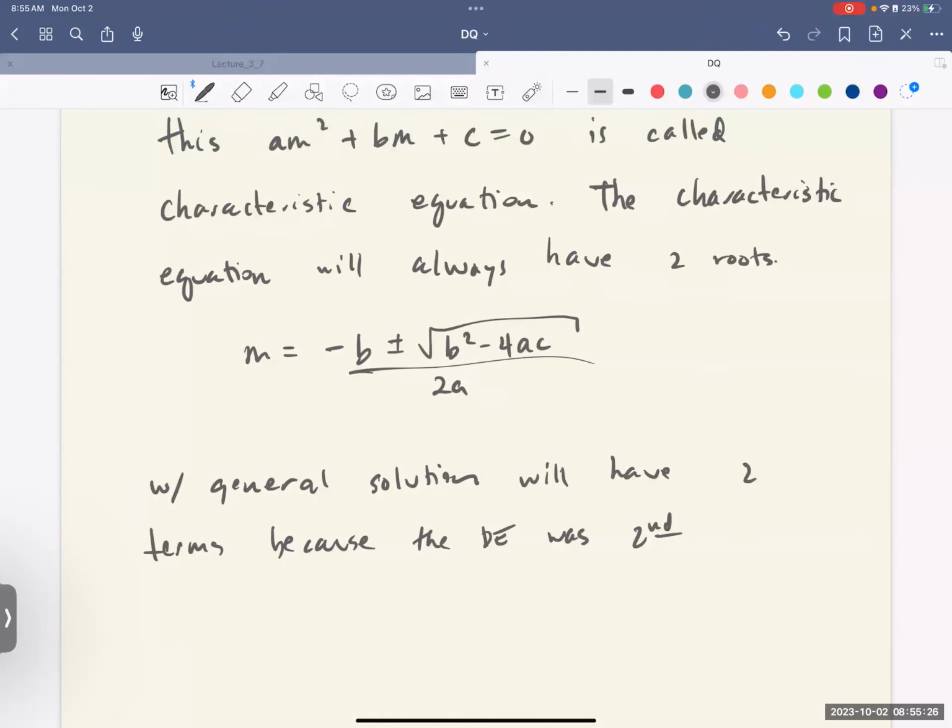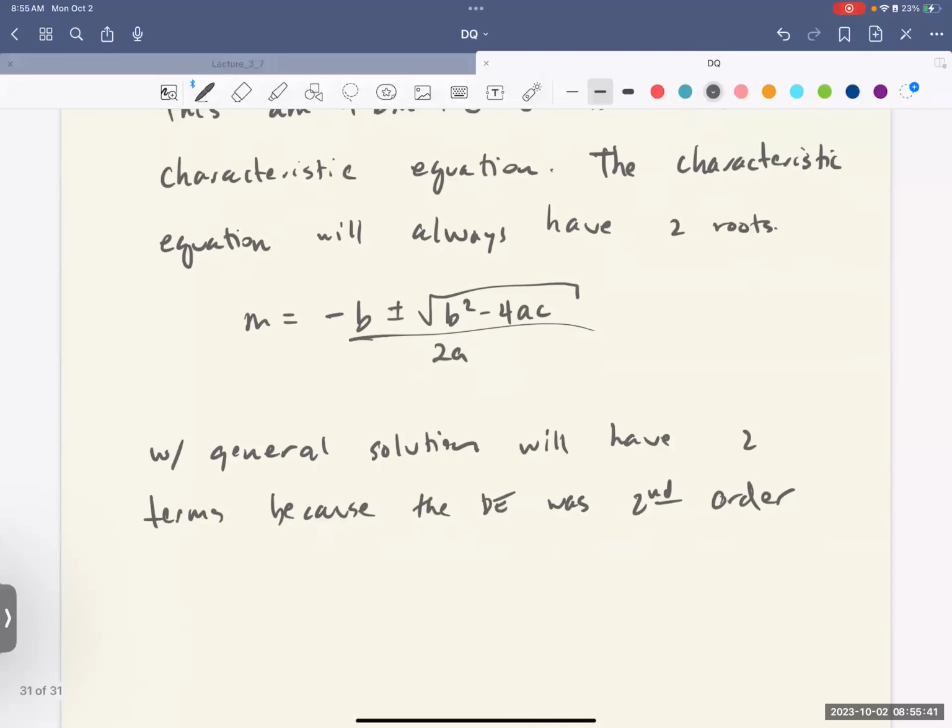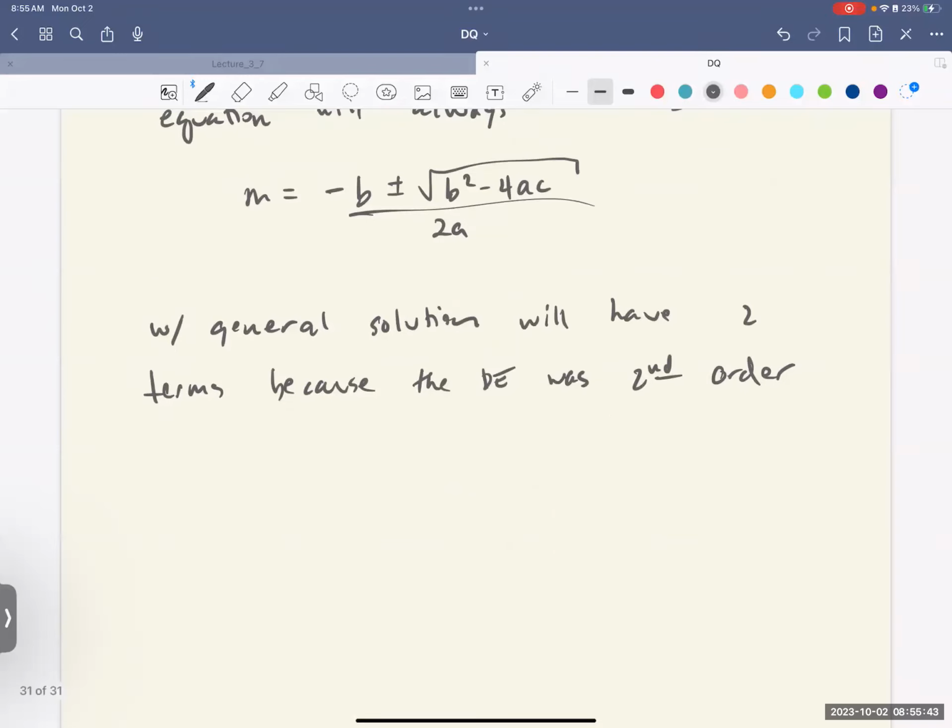We just got finished talking about the last couple days how if you have a second order differential equation, the general solution will have that many terms, two linearly independent terms from a fundamental set.